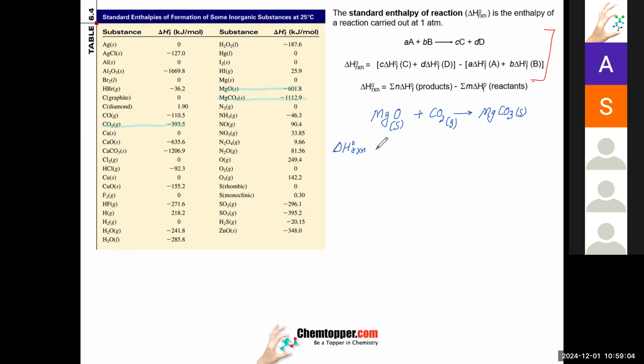So I'm writing the equation to make it very clear: summation of delta H naught formation of the products. I have only one product, MgCO3, minus summation of the delta H naught formation of the reactants. I have two reactants, MgO plus CO2.